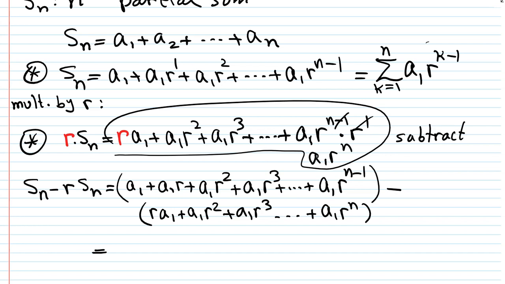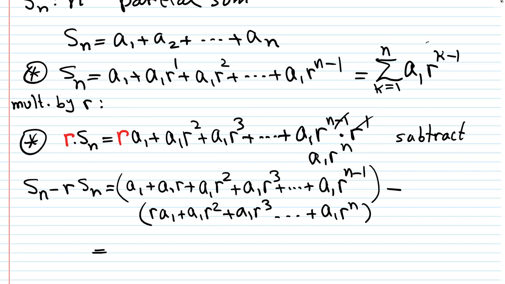And as you can see, when we subtract, all the in-between terms cancel. In fact, even this term, a sub 1 r to the n minus 1, will cancel with the same term from the next series. So all said and done, I'm going to get a sub 1 minus a sub 1 r to the n. And the reason is minus, because we are subtracting.